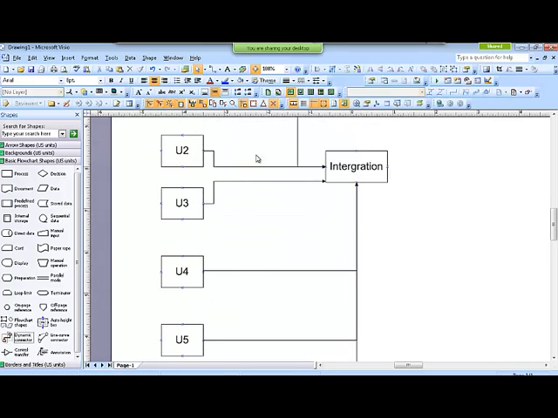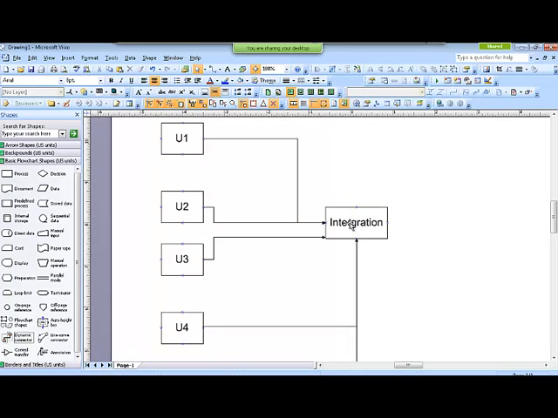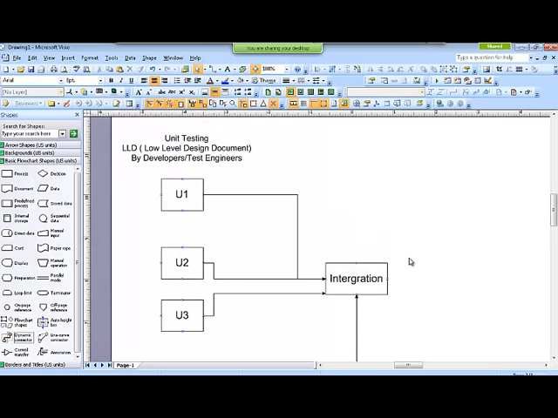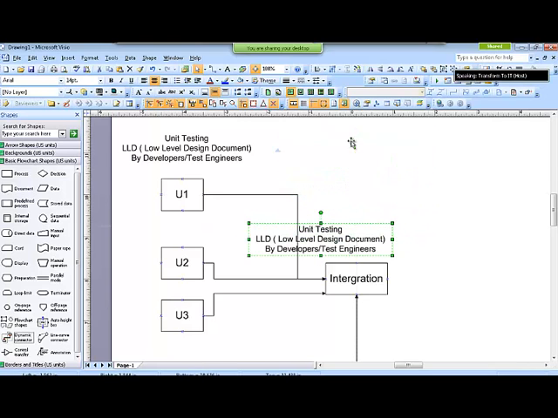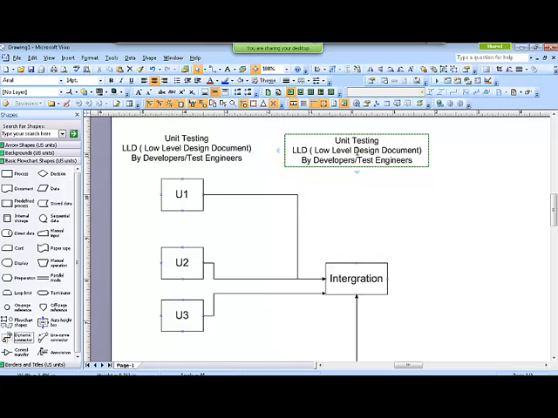While integrating, we'll conduct one type of testing. What type of testing will we conduct? Integration testing. While conducting integration testing, the document we normally refer to is the HLD.